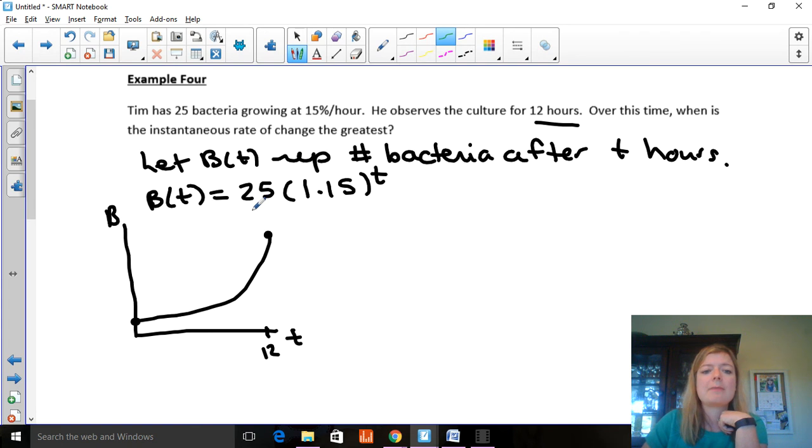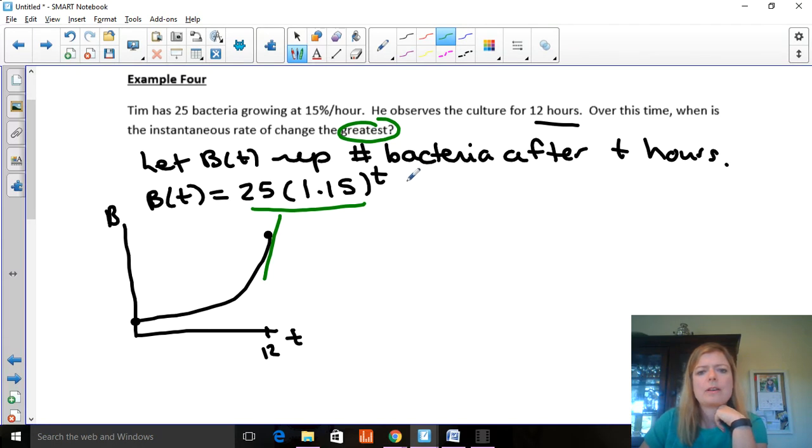As the bacteria grows, the slope of the tangent would increase as this curve gets steeper and steeper. So it would be at its steepest, which is the same thing as saying that the instantaneous rate of change is the greatest at T equals 12, so the very top part.